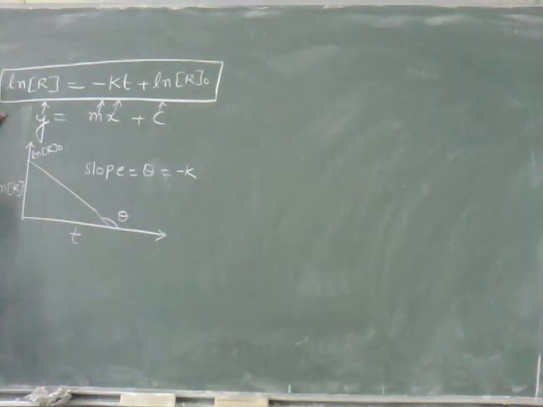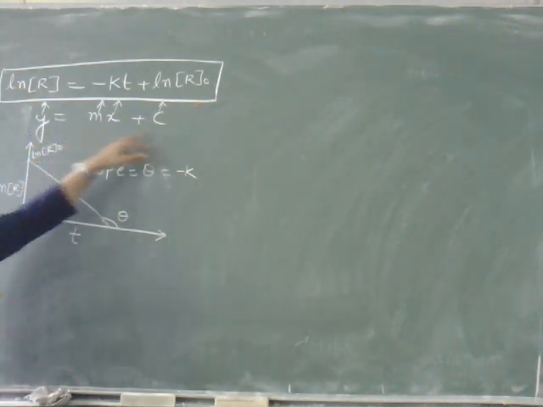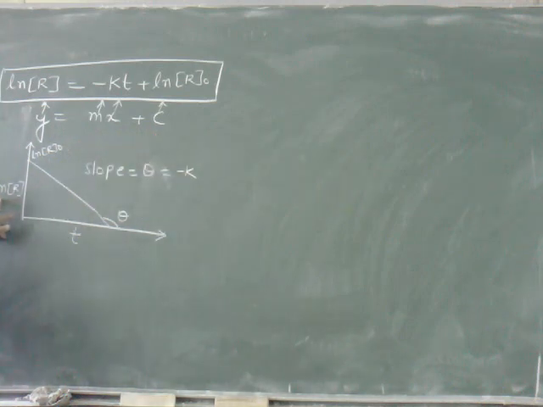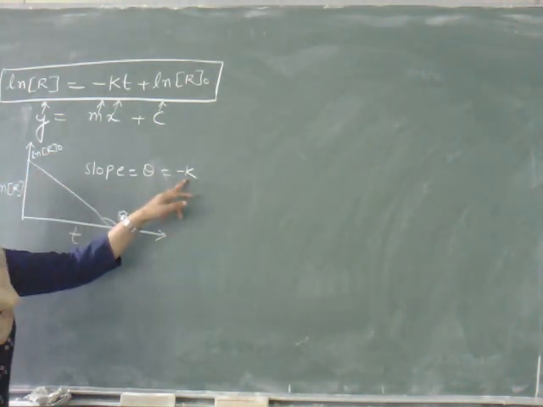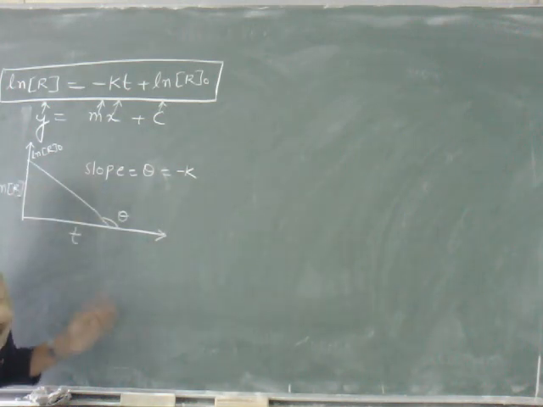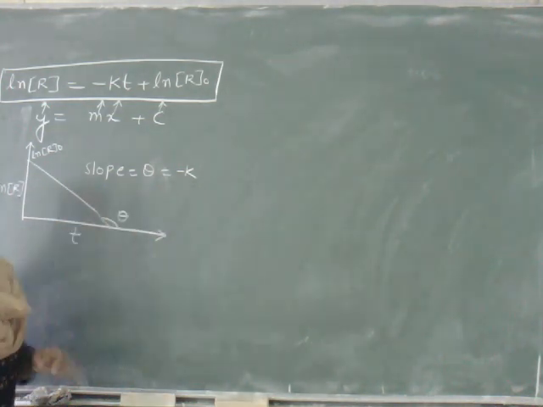What is your equation? ln r is equal to minus kt plus ln r naught. So it is nothing but y is equal to mx plus c. So we have ln r versus t. We get a negative slope, and intercept is ln r naught. Slope will be equal to minus k. Slope is negative.